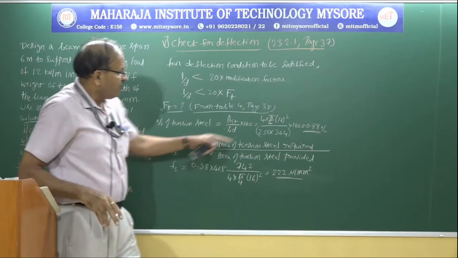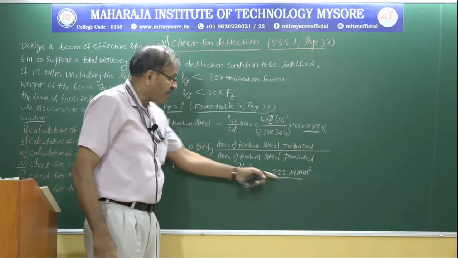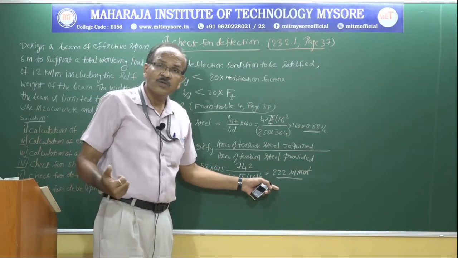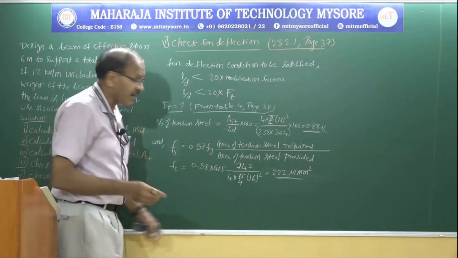Now we have the percentage of tension steel and we have the value of Fs. Go to figure 4 on page 38.